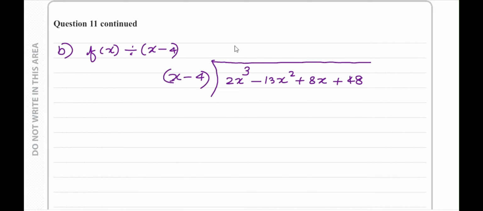Therefore, the first term will be 2x squared. This will be minus 8x squared. Taking this out, we get 0.